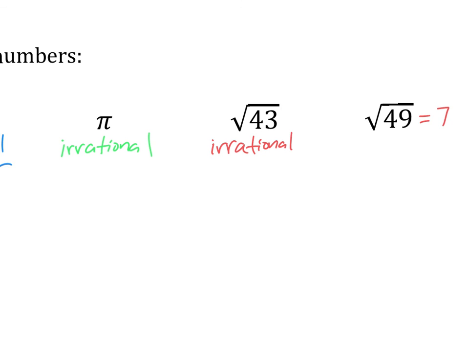Then we just want to classify 7. 7 is a rational number. It is an integer. It's also a whole number. And it's a natural number too. So make sure that you always simplify all of your numbers before trying to classify them, because sometimes you'll miss a category if you don't simplify it.